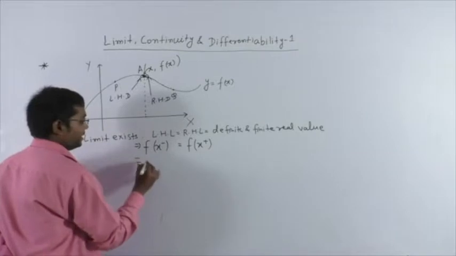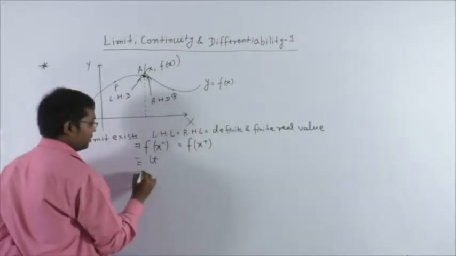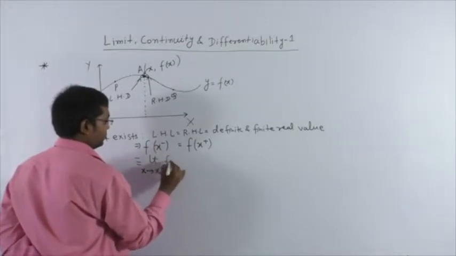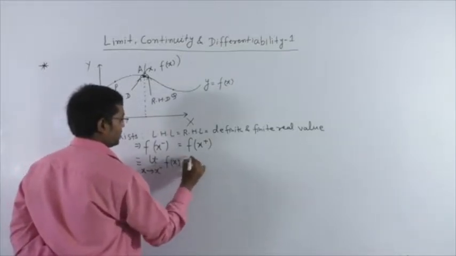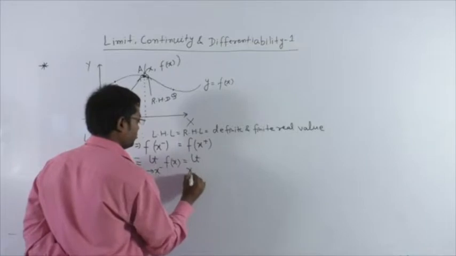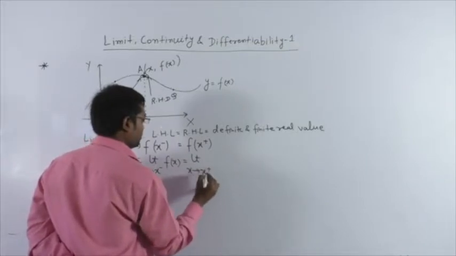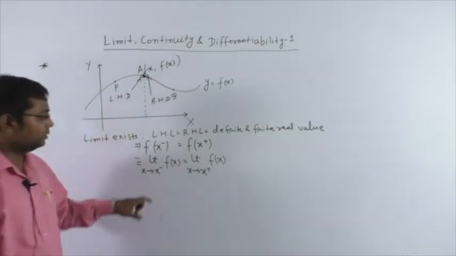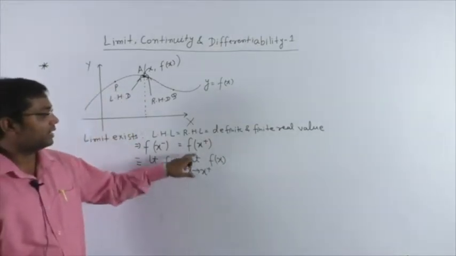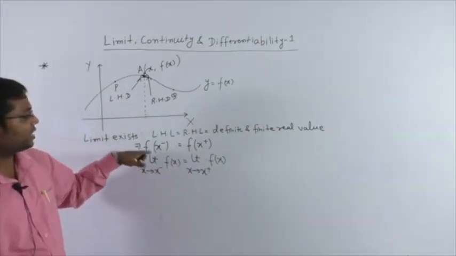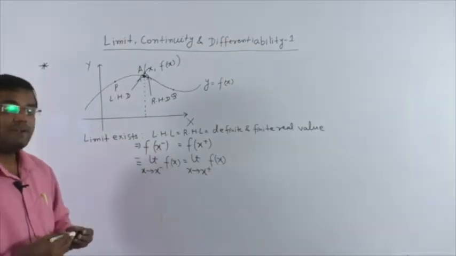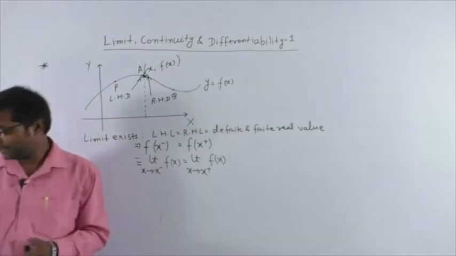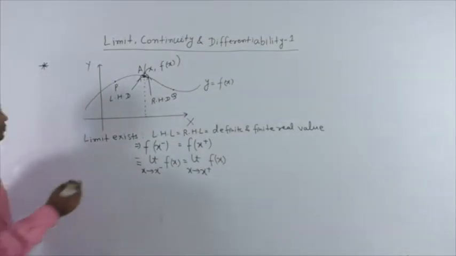Also we can write it as limit x tends to x minus of f(x) is equal to limit x tends to x plus of f(x). This is the way we can write the limit. Okay, these are the different ways. Now I will take one example in which the function is not defined. Let's see that example.